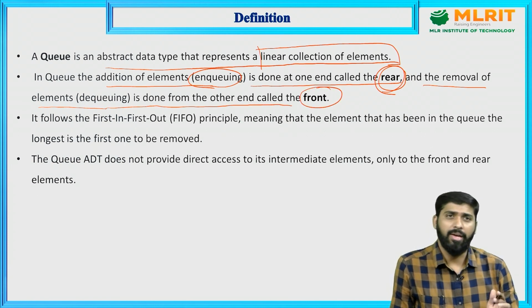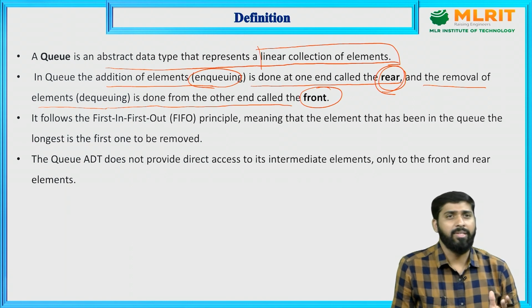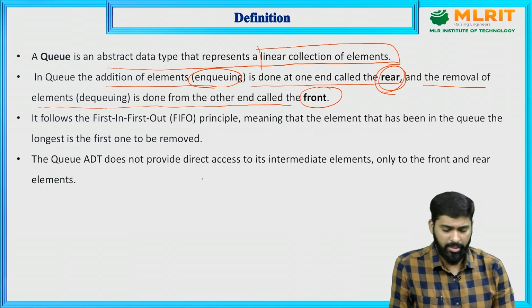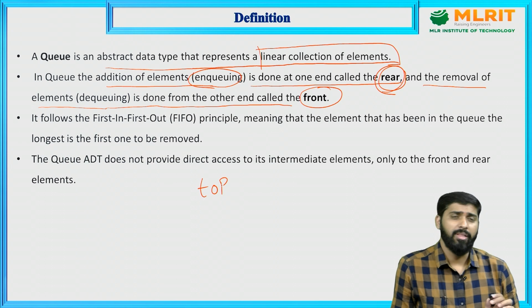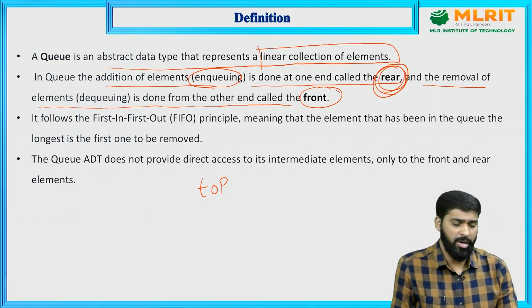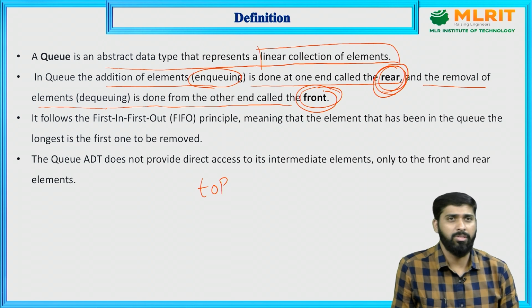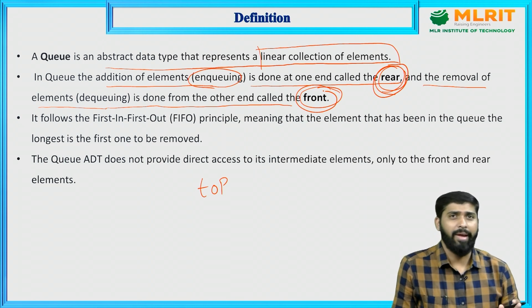In stack we insert or delete an element using one variable called top. In Queue the insertions are done based on a variable called rear and the deletions are made using a variable called front.